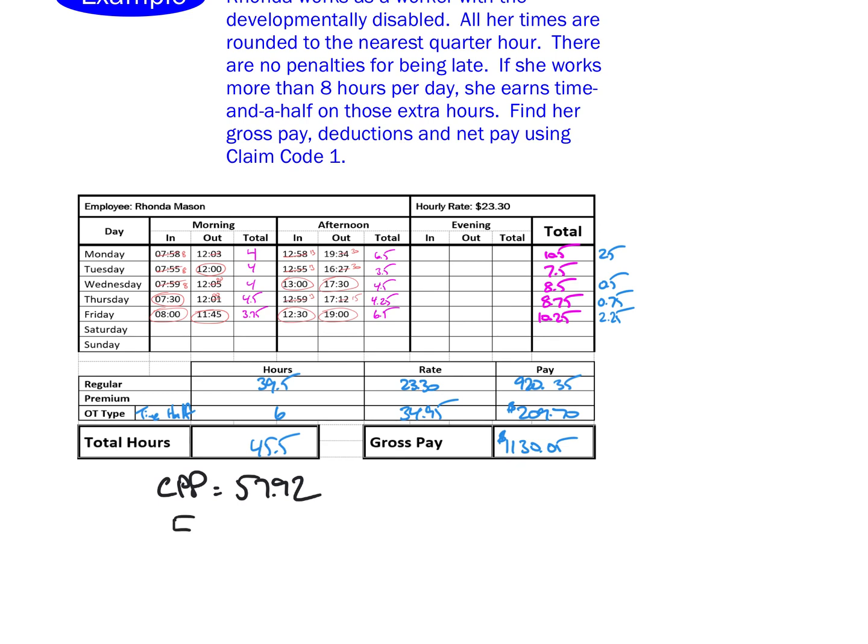The EI is $17.85. Using claim code 1, the federal taxes are $125.10, and the provincial taxes are $103.05.